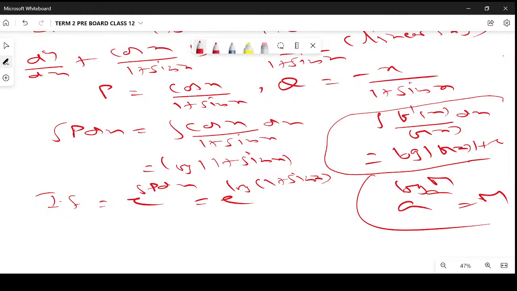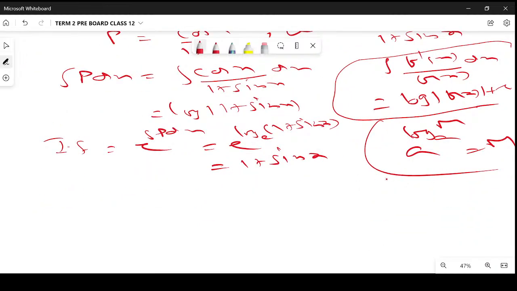Use the same concept, a base e will be e here, so this will become 1 plus sin x.